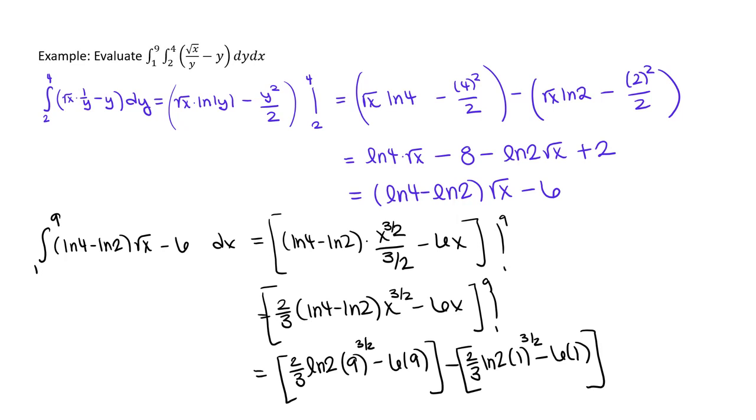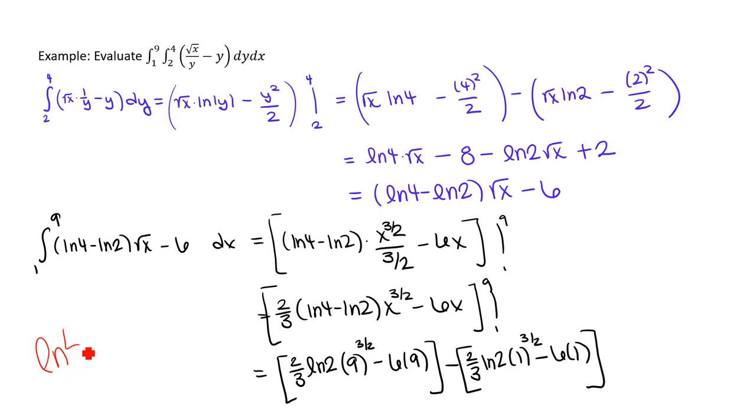And then I'm going to plug my bounds of integration in. I did some simplification here. Dividing by a fraction, you can flip and multiply. So I wrote that first term as 2/3 times ln 4 minus ln 2 times x to the 3/2. And then I did one more thing just to simplify.